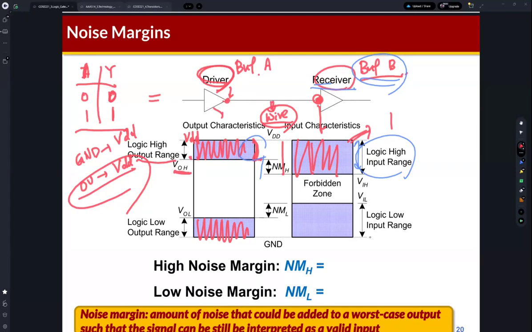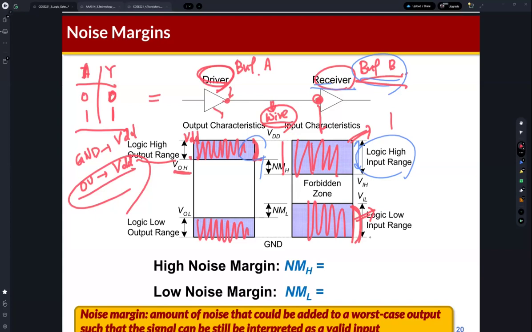Also, the low level is the same. This range is wider. If the input signal voltage level is within this range, then receiver B thinks that this value is 0.